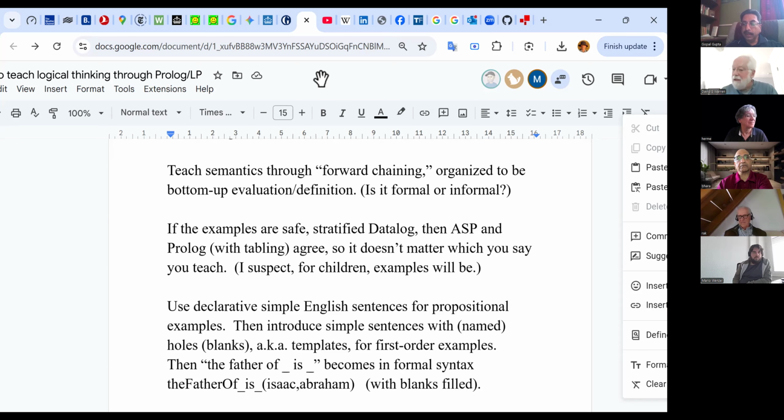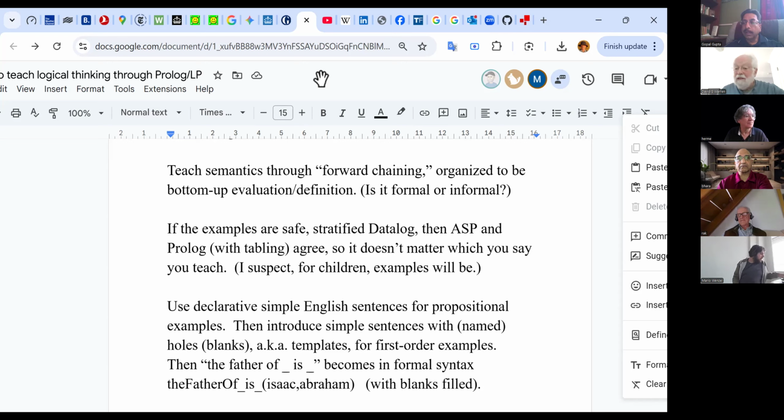I think that's not too hard a concept. Then bottom-up computation is just organized forward chaining. You're going to do it in an organized way, in groups of things. You're not just going to do it randomly. You're going to do it methodically.